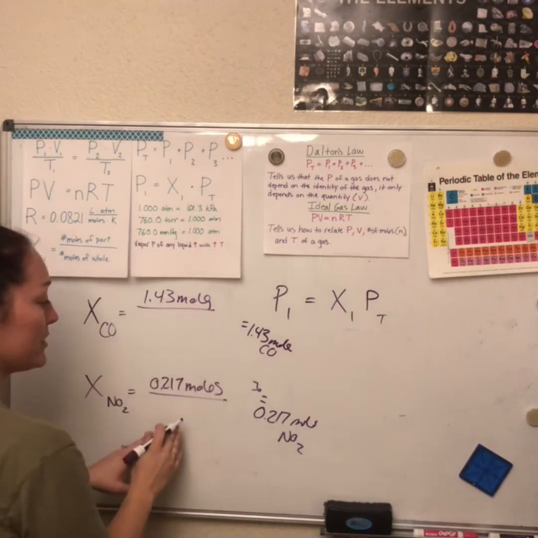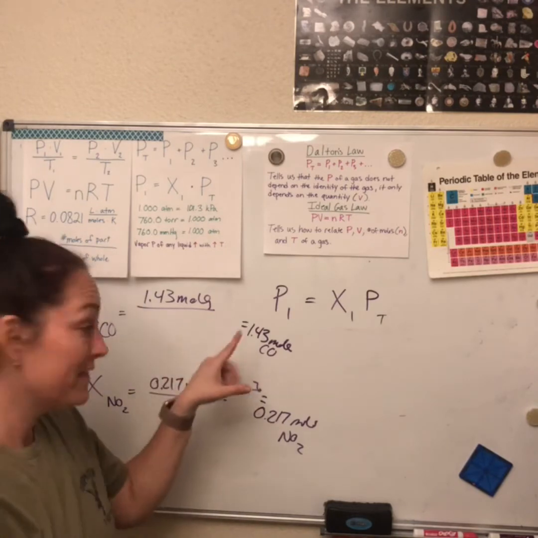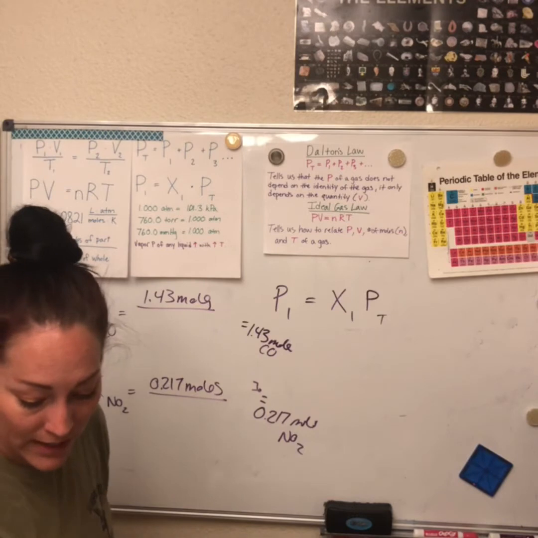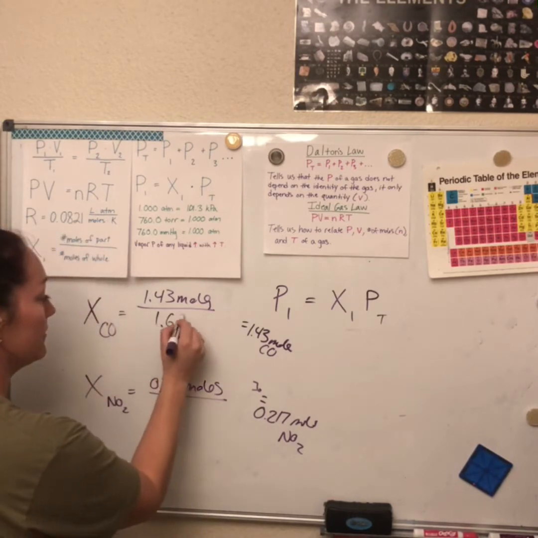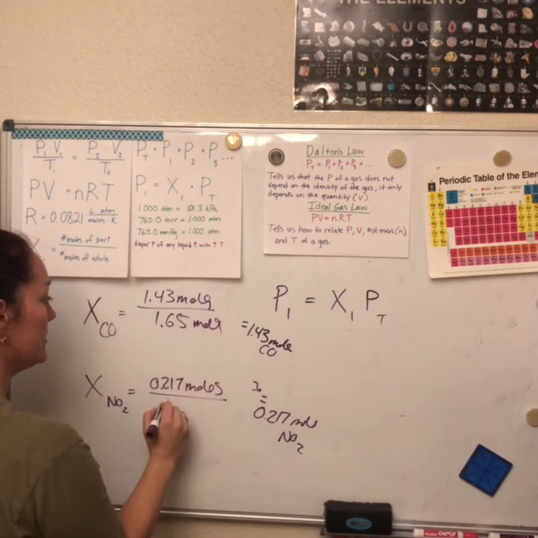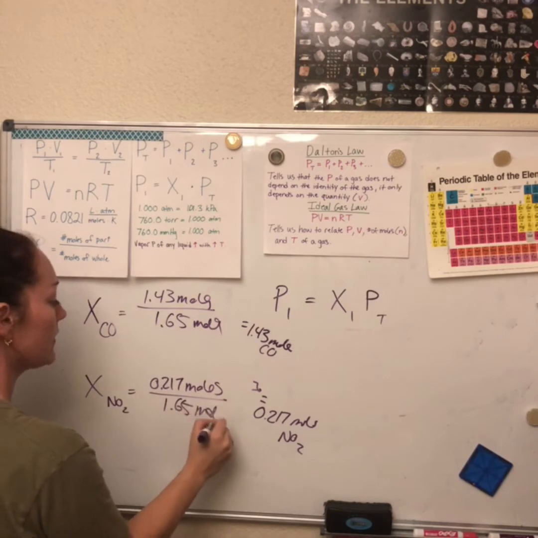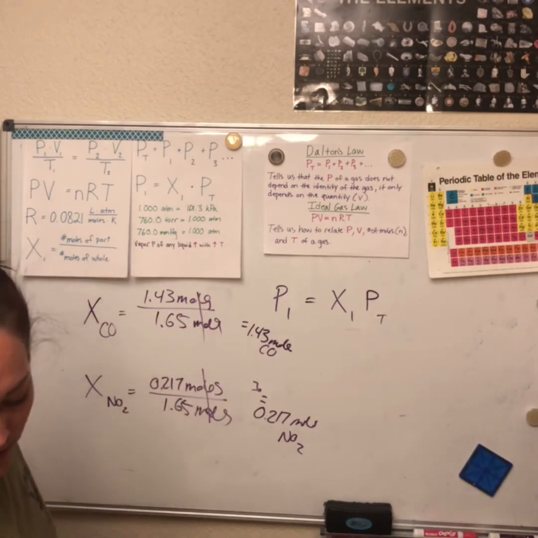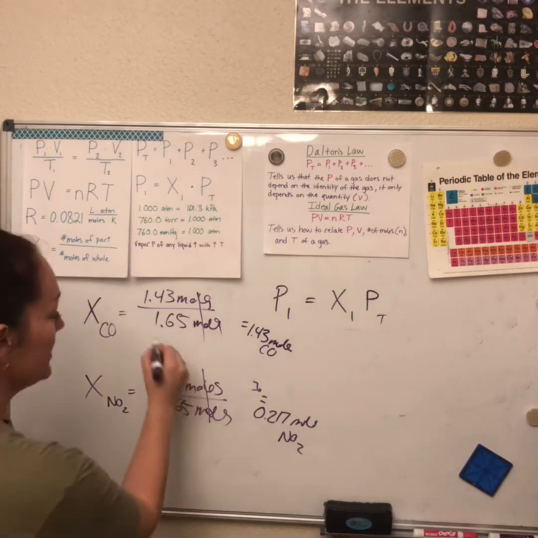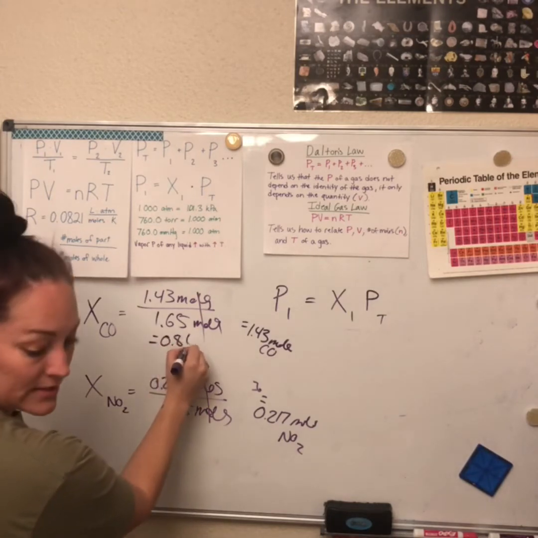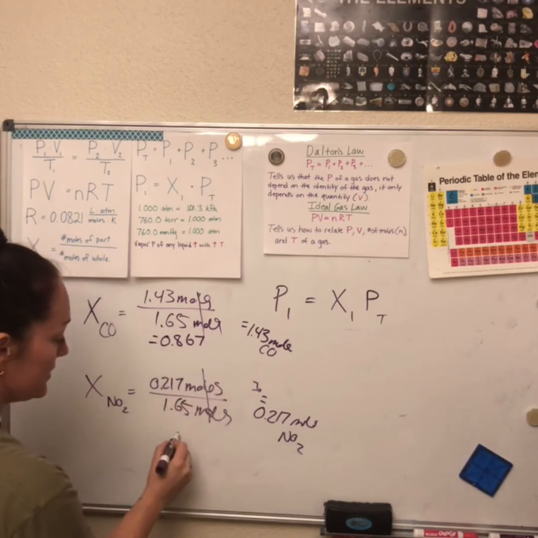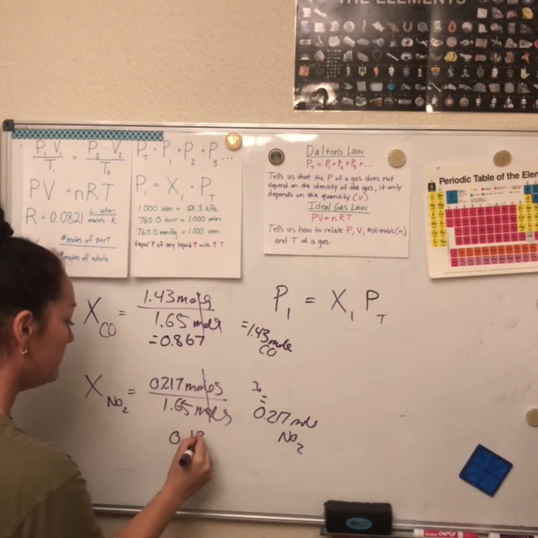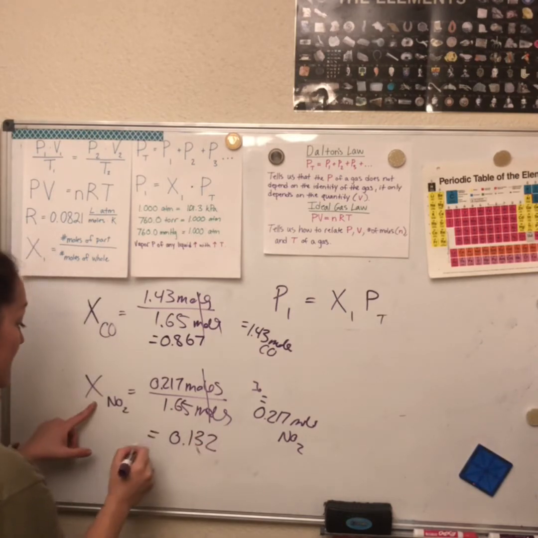Now my bottom number is going to be the same. I just have to add these two numbers together, okay? So if I do that, I end up with 1.65 moles. Okay, same here. The moles cancel. This is 0.867, and this one is 0.132. Okay, so that is the fraction.